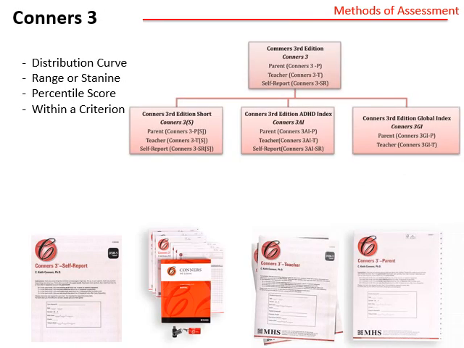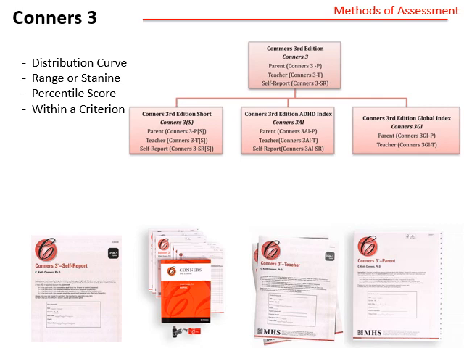This is somewhat different from behavior rating scales that are seen in questionnaires such as the Conners or the BASC, where what you're looking for is ratings of behaviors that allow for more diagnosable information, such as difficulties with attention, emotional control, hyperactivity.